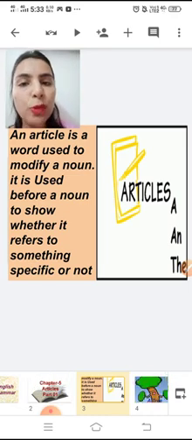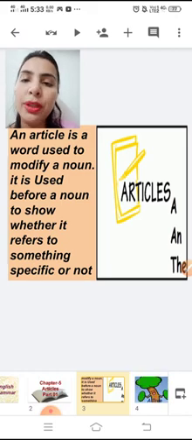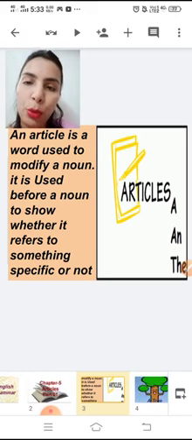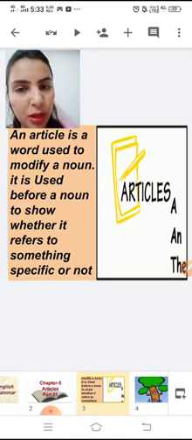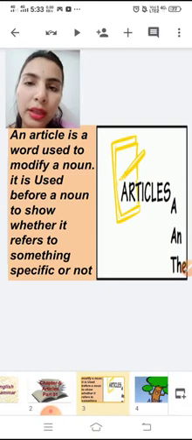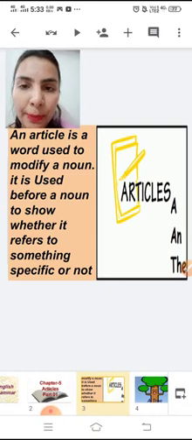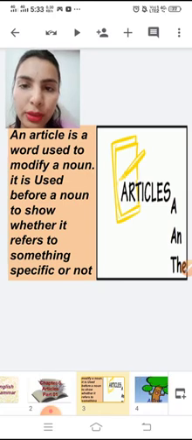For both the specific and not specific things, we use articles, but we use different articles for both. If the thing is specifically described, we use different articles for that, and if the thing is not specifically described, then we use different articles for this.